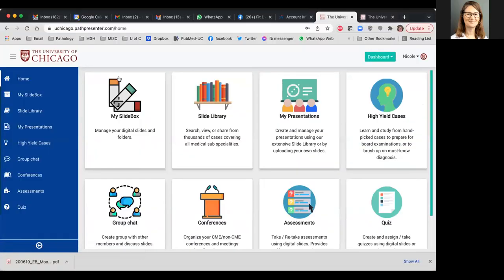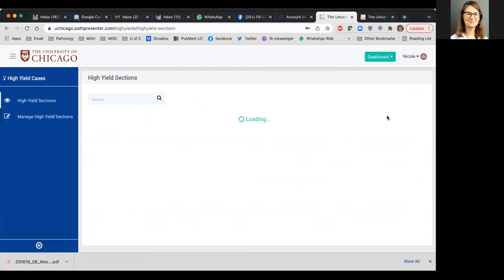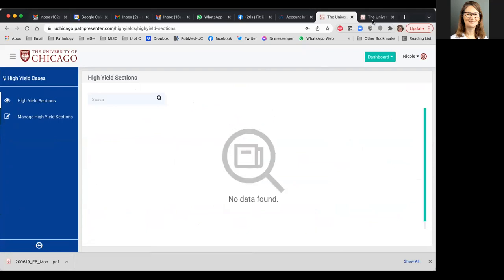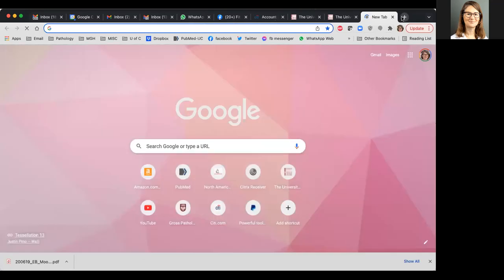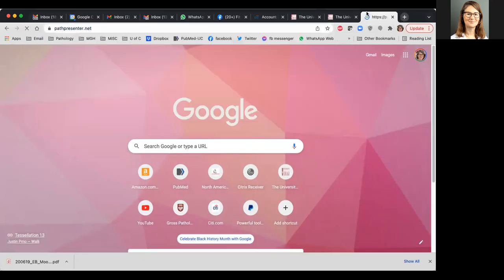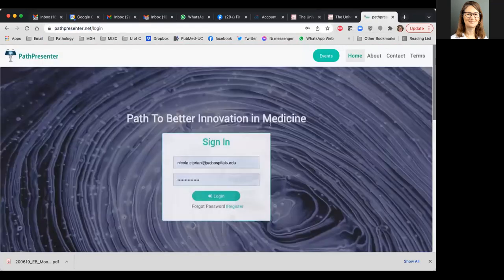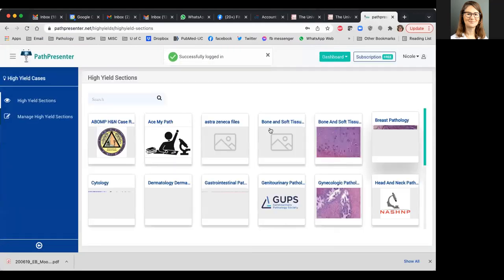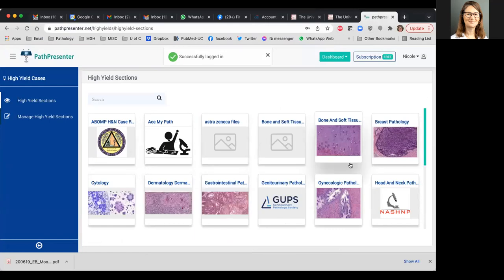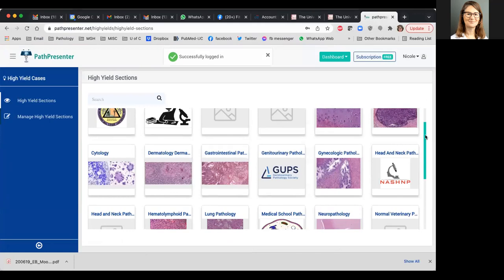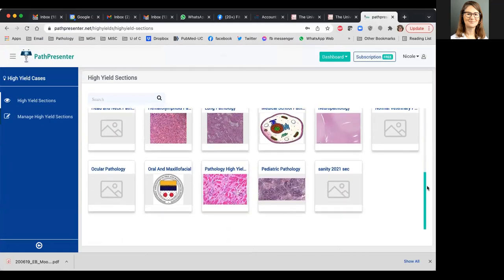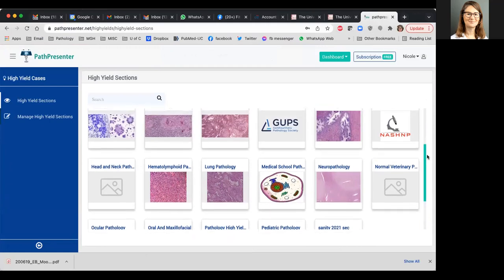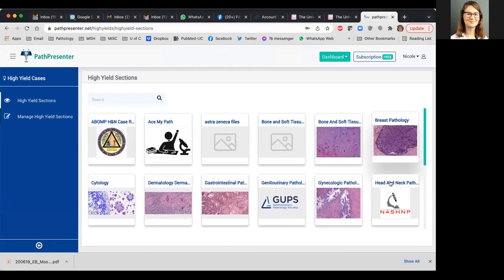If you're in the institutional version, we don't have any high yield cases, but if you sign up for the free version at pathpresenter.net and go to the high yield cases, these I think are trustworthy because they have been placed there by faculty pathologists from good institutions who have curated these cases.